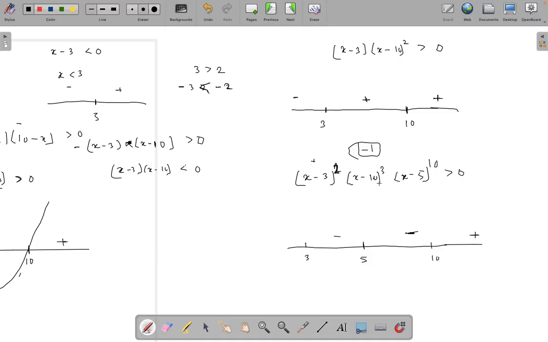If it is greater than 10, it will be positive. If it is less than 10, it will be negative. Less than 10, whatever the value, because these are always positive, it will keep on staying negative. Is this clear? If you have any doubt, you can ask. No, sir. Okay.